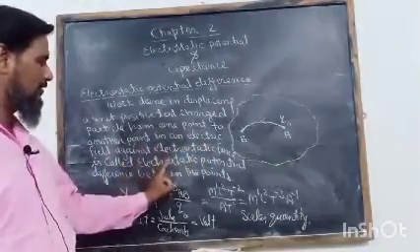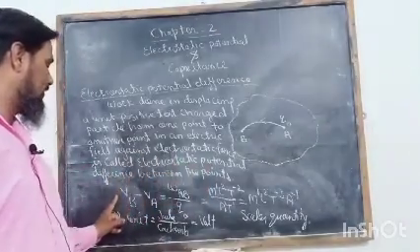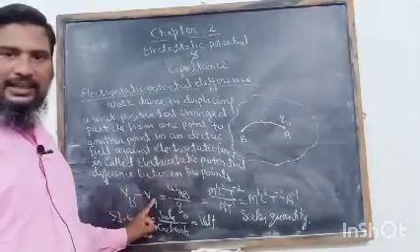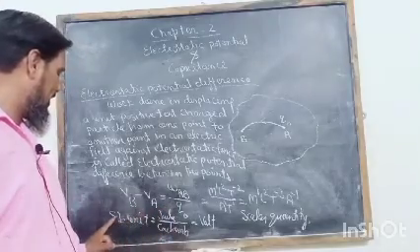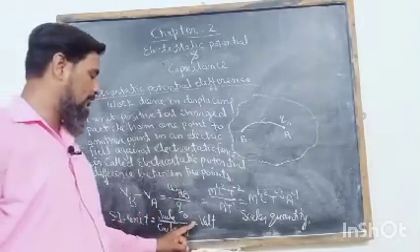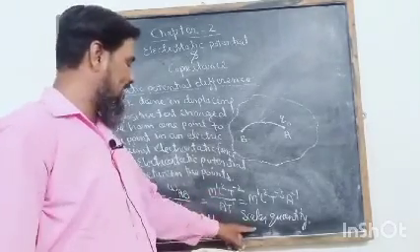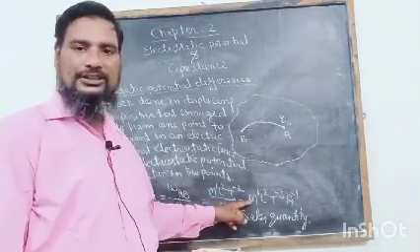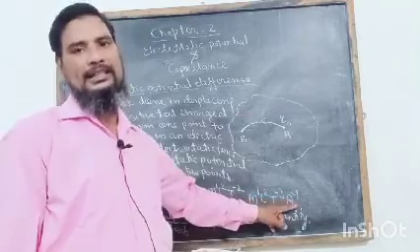Mathematically it can be expressed as VB minus VA is equal to WAB upon Q0, and the SI unit is joule per coulomb, also named volt. It is a scalar quantity, and the dimensional equation of electrostatic potential difference is M1 L2 T minus 3 A minus 1.